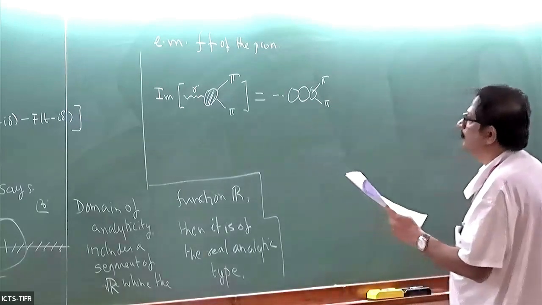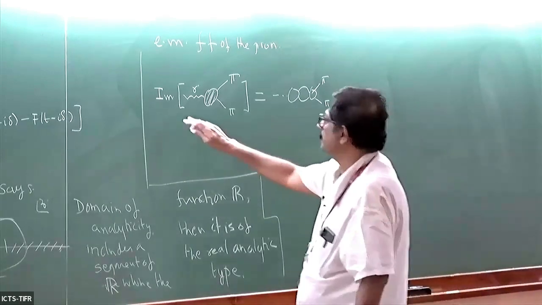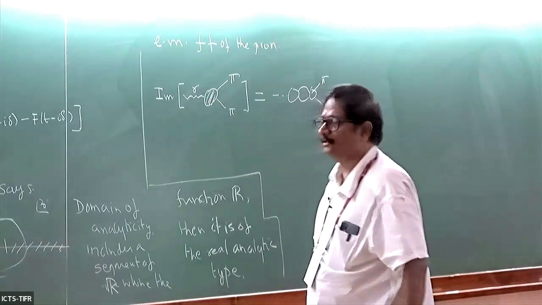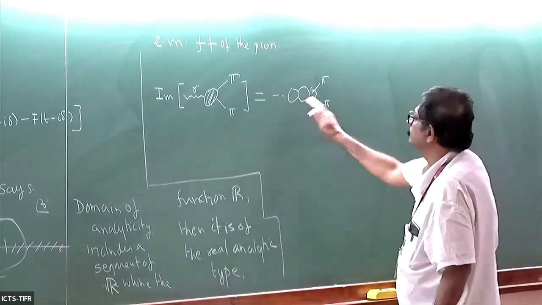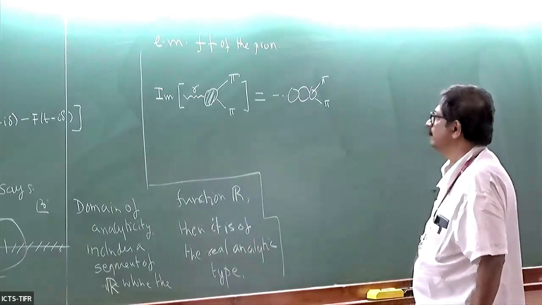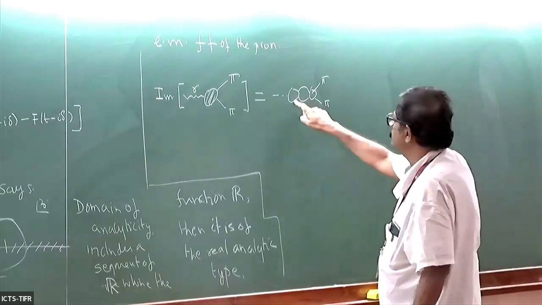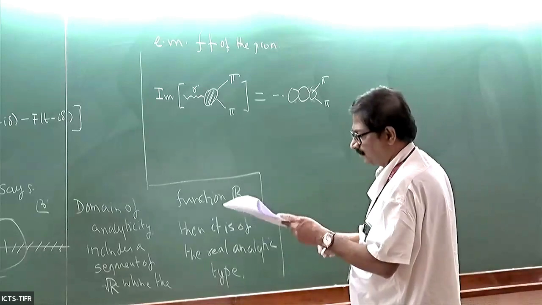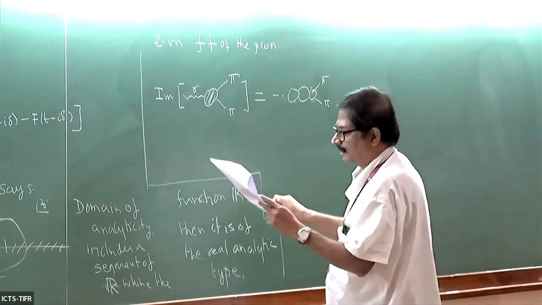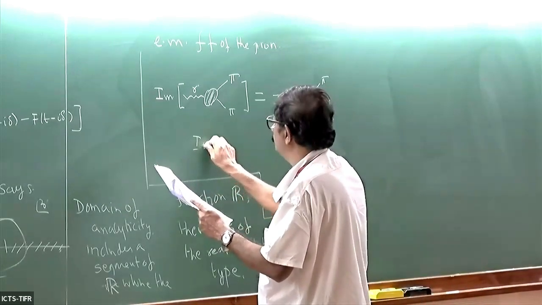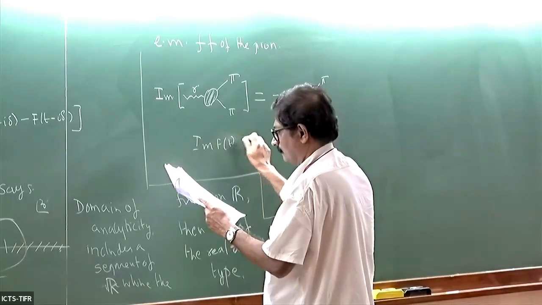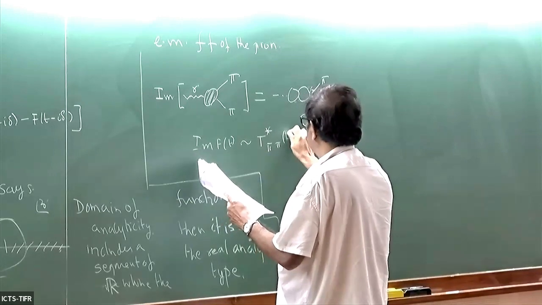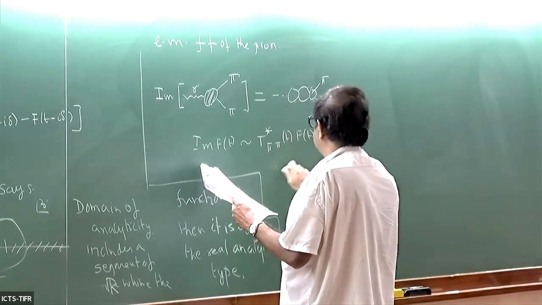So what we see over here is, even in this imaginary part of the electromagnetic form factor, on the right-hand side, because it's t squared, you will see the appearance of the pi scattering amplitude. So the statement over here is that the imaginary part of f of t will go as t star pi of t f of t in the elastic region.